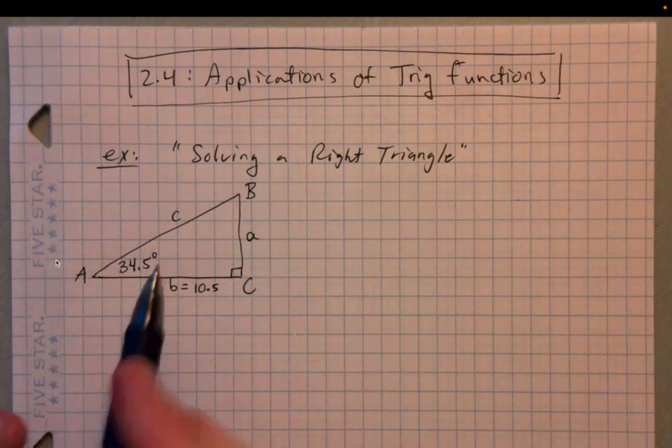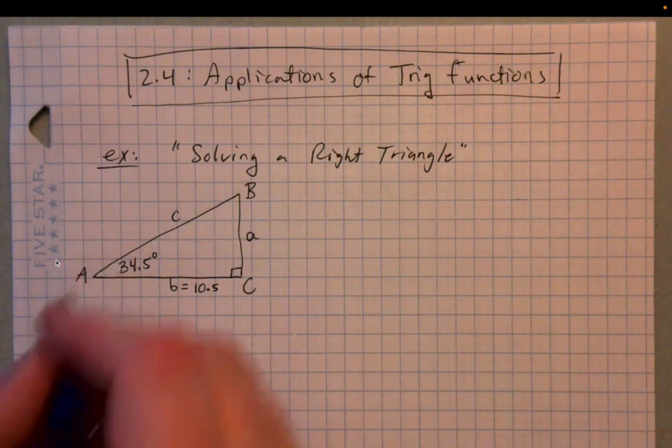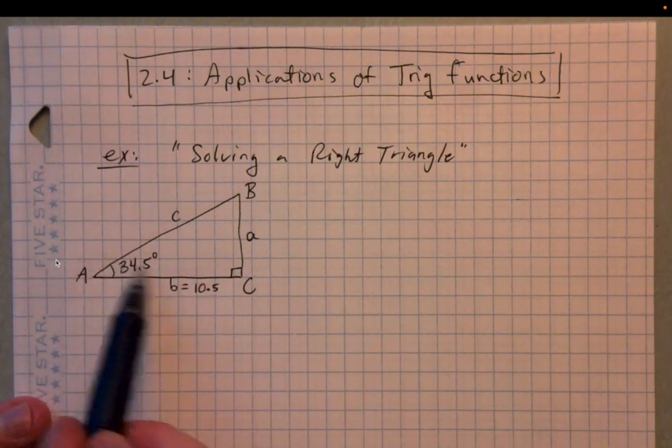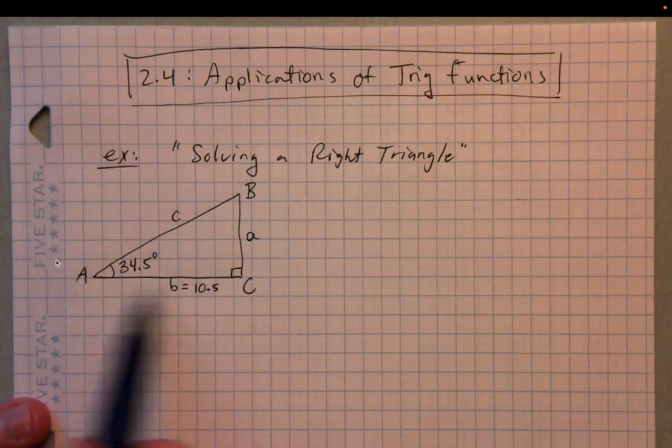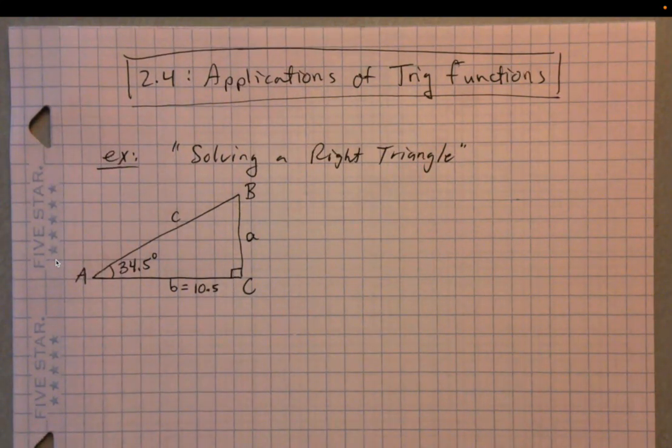I know that this angle is 34.5 degrees. I know that one's 90 degrees because it's a right triangle. And I know the length of this side. That's enough information for me to determine all the rest of the angles and all the rest of the sides of the triangle. And that's what we mean when we say solving a triangle: the word solving means find all the lengths and all the angles.